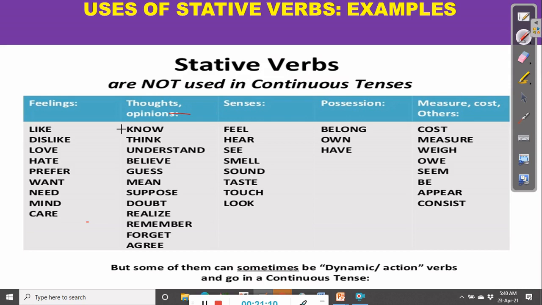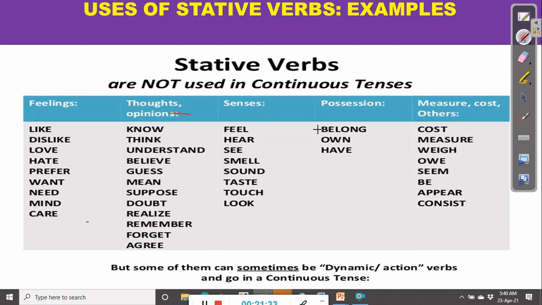All right. So then, when we express the senses, then we talk of feel, hear, see, smell, sound, taste, touch, look. So in this case, you are using stative verbs to talk about the senses. All right.